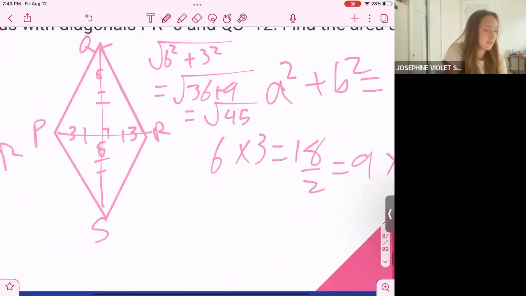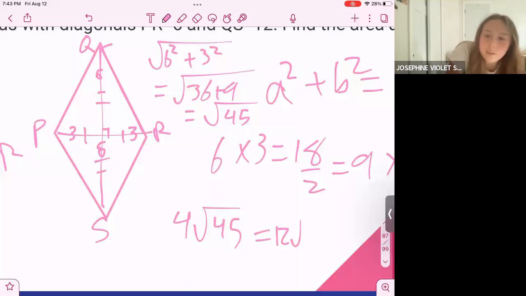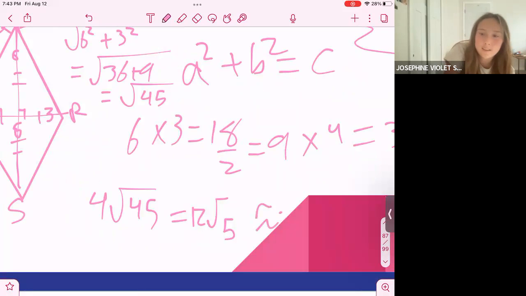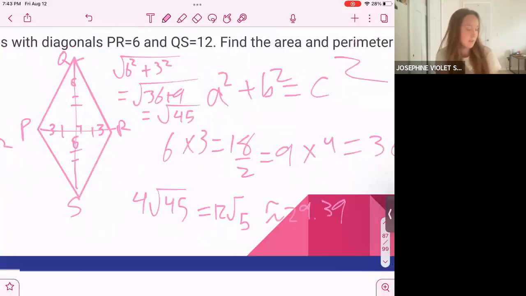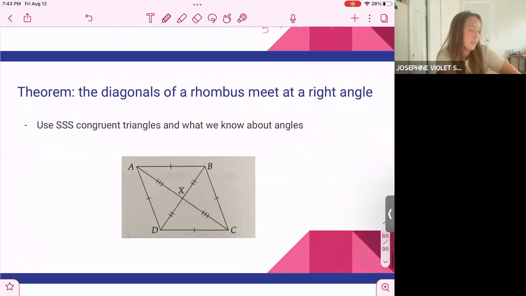I don't think that resolves out exactly. So the perimeter would be 4 times root 45. And I think Aaron and Daniel both simplified that for us. It should be 12 root 5. That seems right, which is also equal to like 29.39. So thanks, guys.